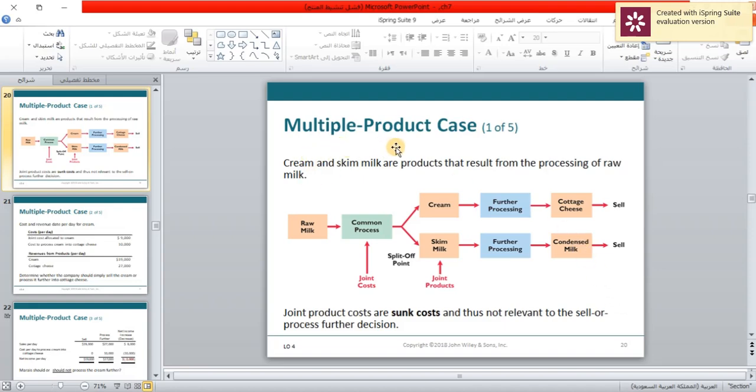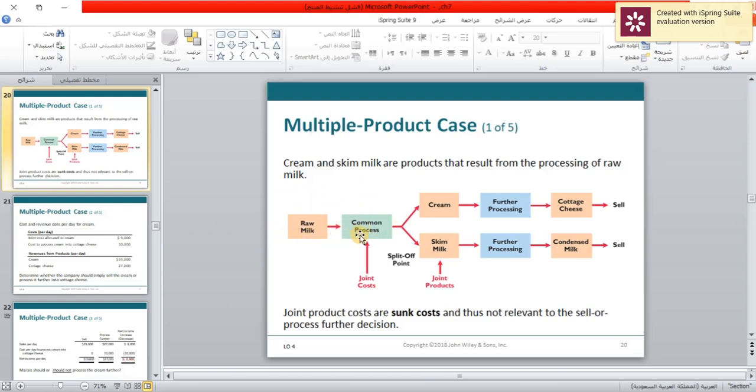Another, the multiple product case, when I have a multiple product case and I want to decide whether to process further or sell now. Cream and skim milk are products that result from processing of raw milk.